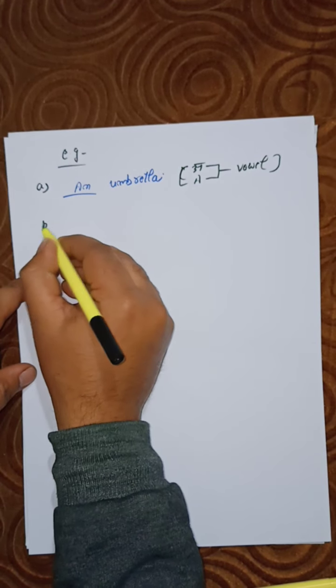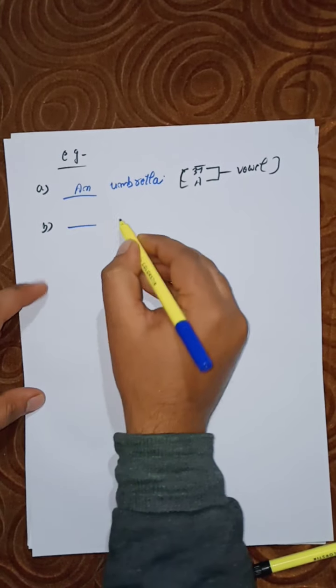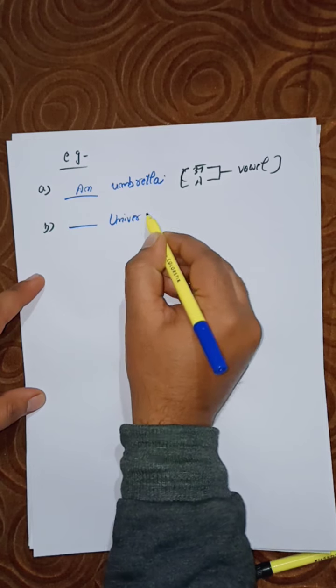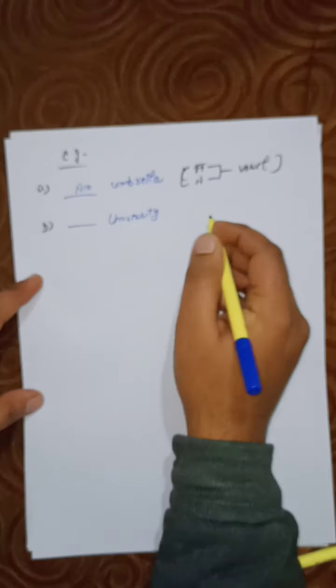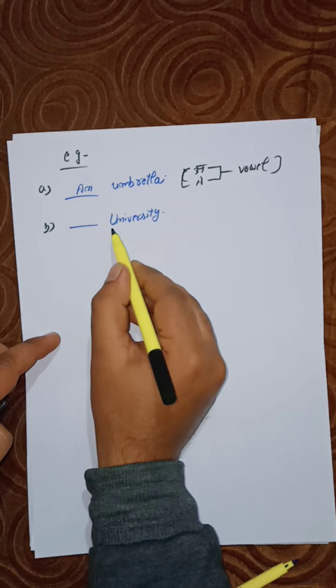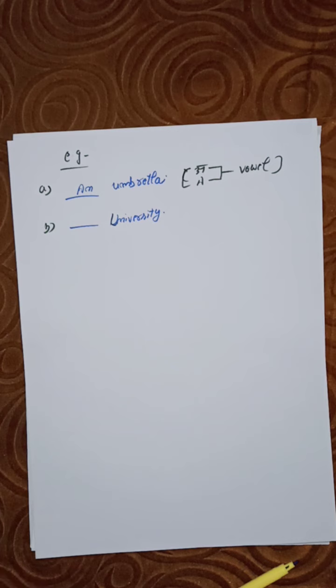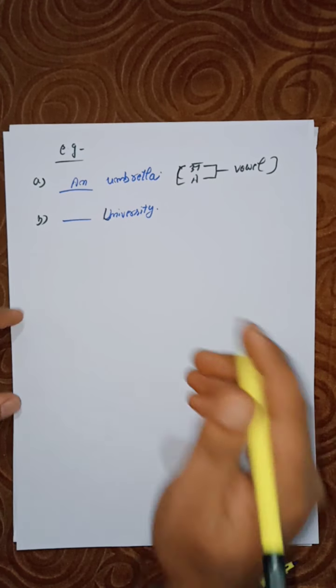Let's take one more example: dash university. What comes here? If we see that this is u, and according to the rule u is a vowel, but here we will use a.